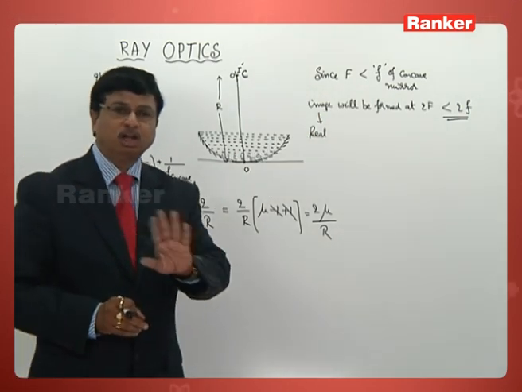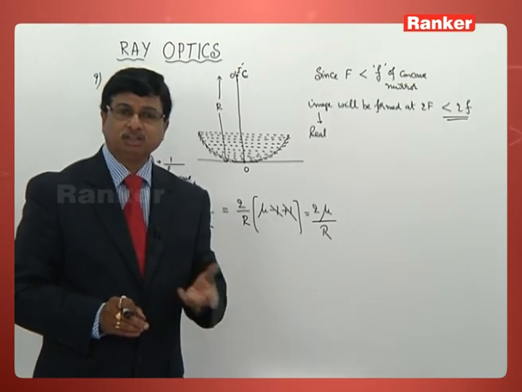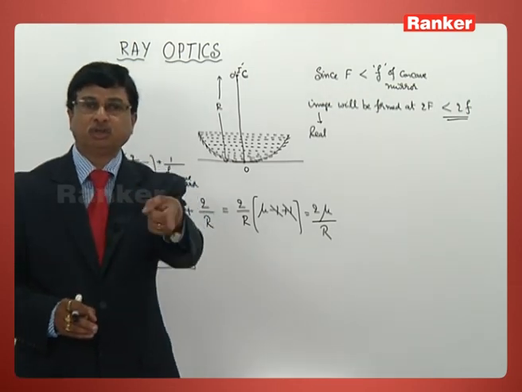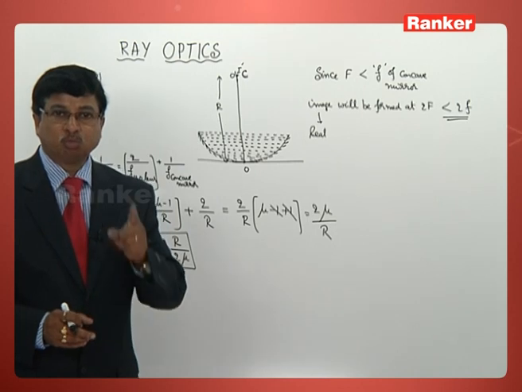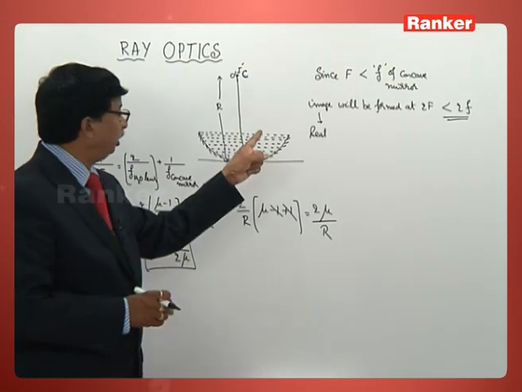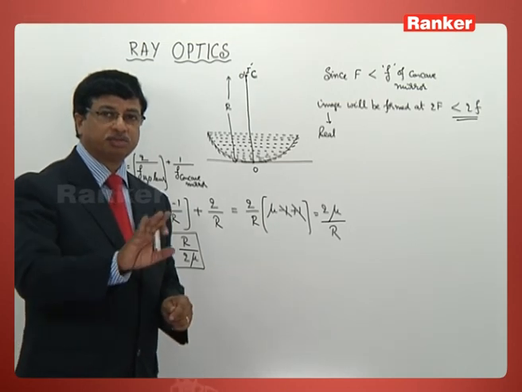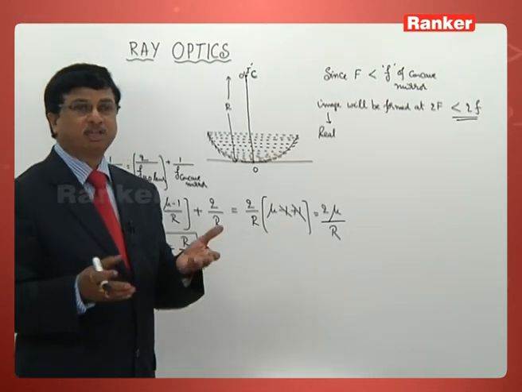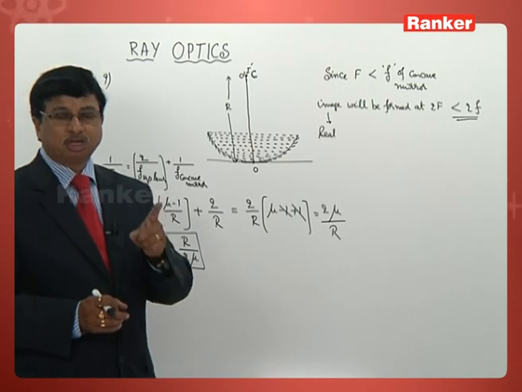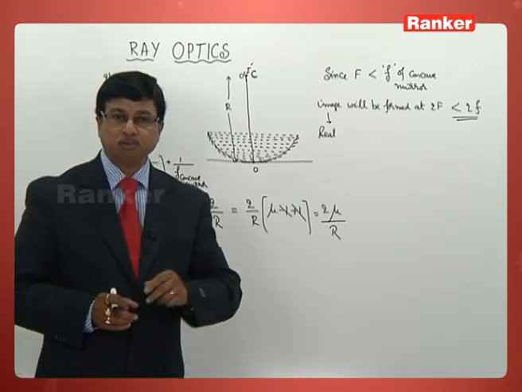Third option, you need not go for it at all. Reason, it is talking about virtual image formation. But we are going to get real image formation here. There is no question of virtuality. So, the third option is wrong. Then pick up the right one. The fourth option must be the correct option now.